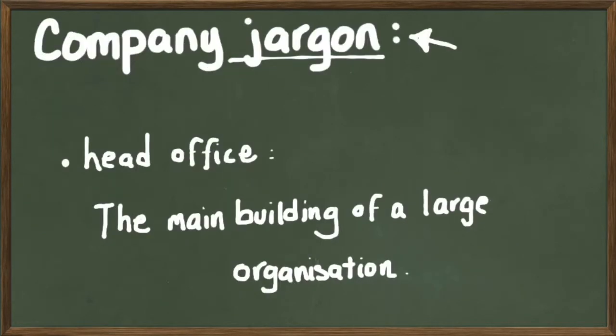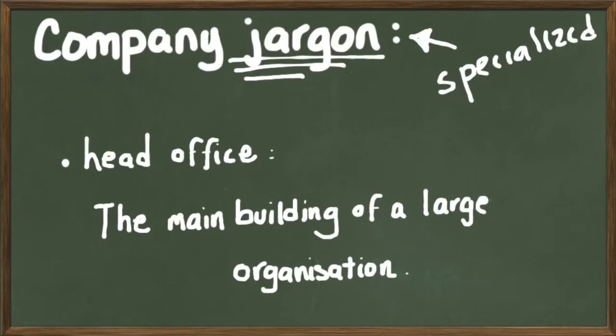Okay, now going back to the word jargon, this is the third item we will check today. Jargon refers to specialized vocabulary or fancy or elegant vocabulary of a specific area.